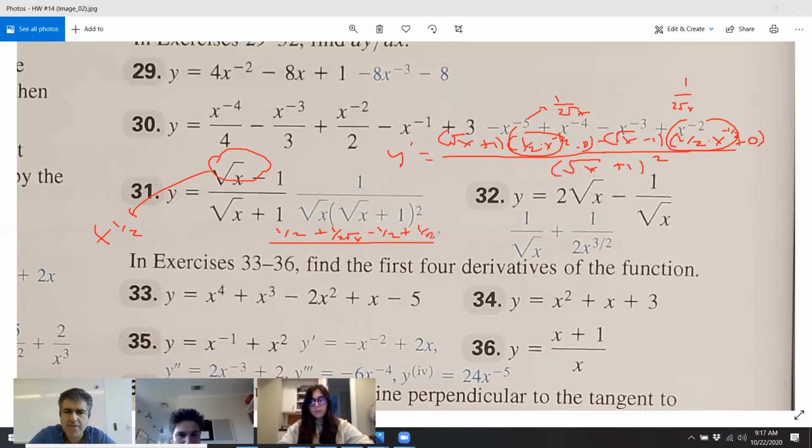So there's a lot of minus negatives, and of course (root x plus 1) squared. Those cancel, you get 1 over 2 root x plus 1 over 2 root x. That's actually 2 over 2 root x. You get 1 over root x, over all that junk. And that's how you get the answer, 1 over root x on the bottom. So, yeah.